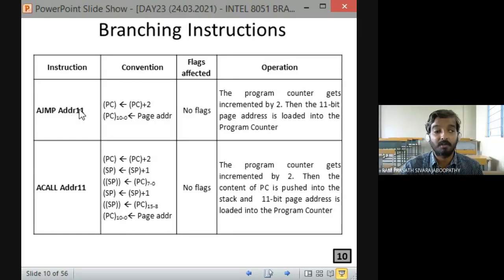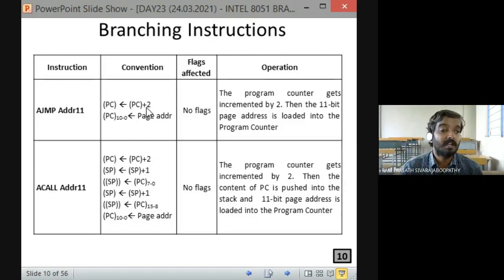Out of the 11 bits, we mention only 8 bits, that means the lower byte of the address where it has to jump or call. Now it will check whether the branch we are going to make is within the page or outside the page. If the range is within the page, your program will get executed successfully. If your range is outside the page, the assembler will show you an error.